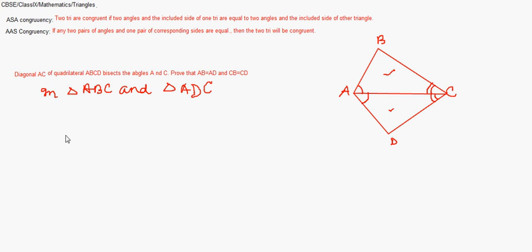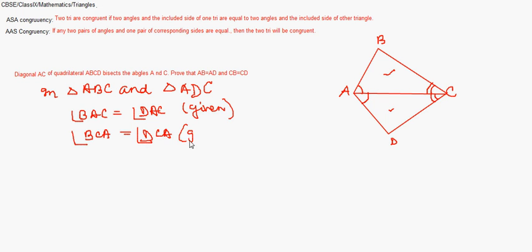So we can write angle BAC is equal to angle DAC, that's given. At the same time, angle BCA is equal to angle DCA, that's also given, being bisectors. And the line AC is common in both of them, so AC is equal to AC.